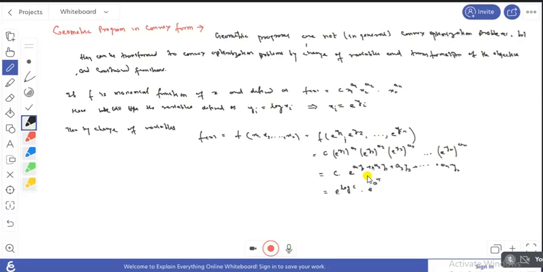This means this is a vector with y. So you can write a transpose of y. This becomes a1 y1, a2 y2, up to an yn, and the exponential of this equals e to the power a transpose y plus log of c.